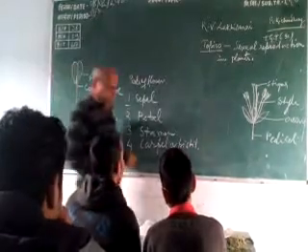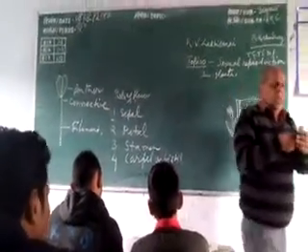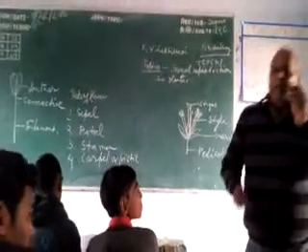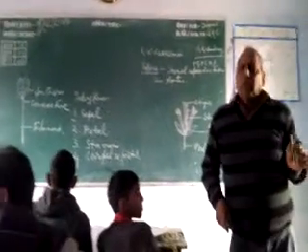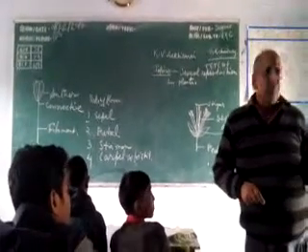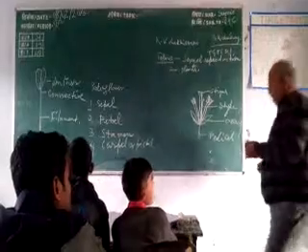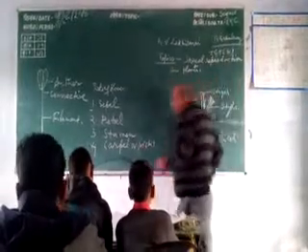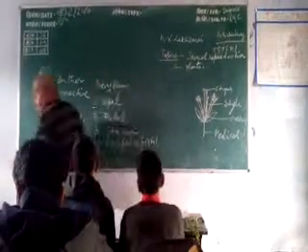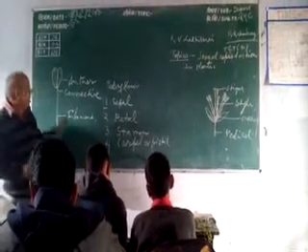All the five here. The number of stamens is 5. Stamen 5, and here we draw one diagram of the stamen, and the stamen is made up of 3 parts.